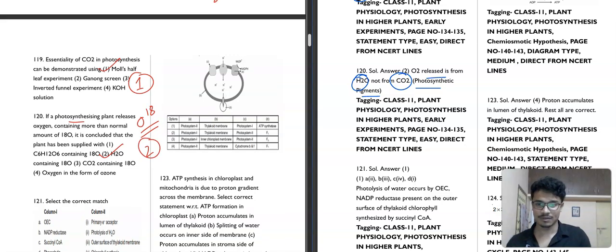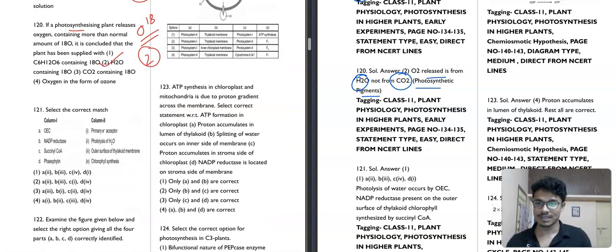Then question number 121. Just correct the match: OEC, oxygen evolving complex, NADP reductase, succinyl coenzyme A, or pheophytin. OEC will match with photolysis of H2O. NADP reductase will match with the outer surface of thylakoid membrane.